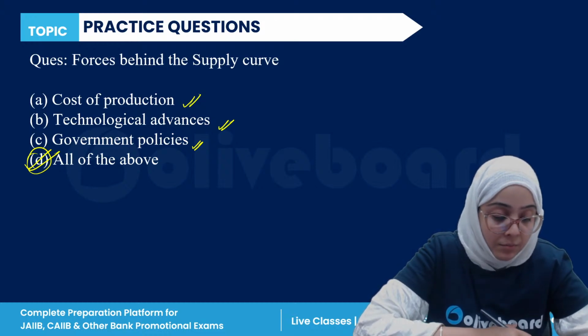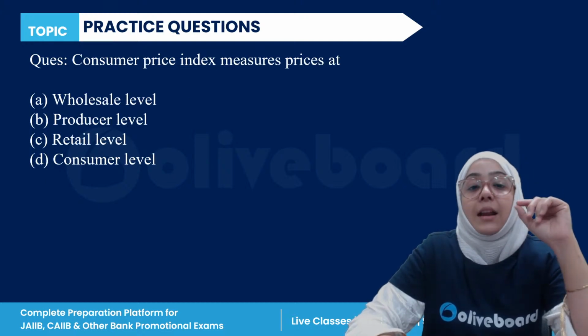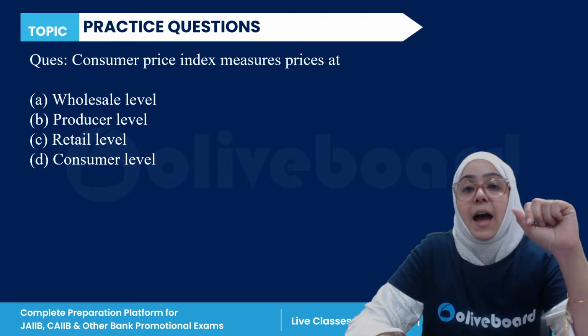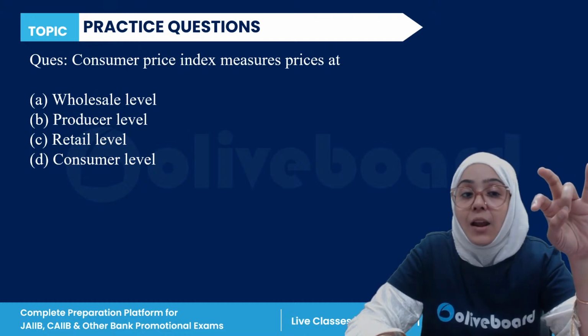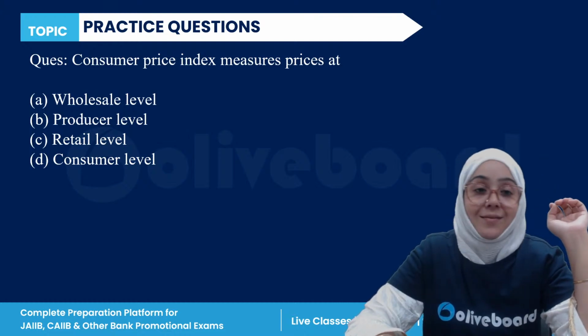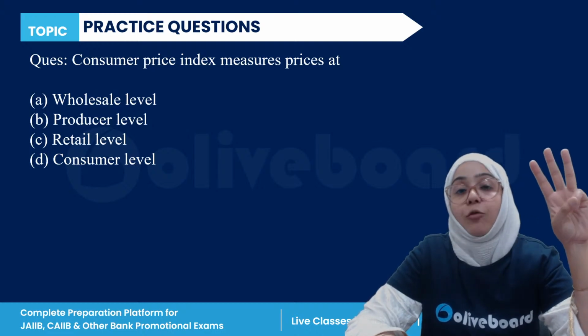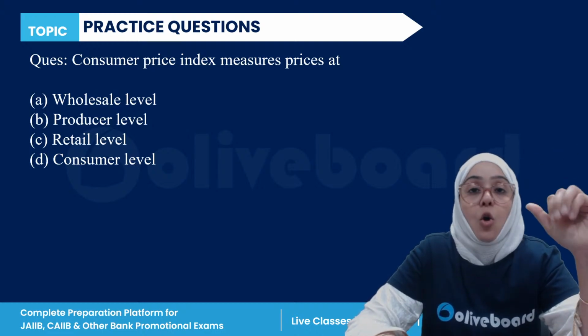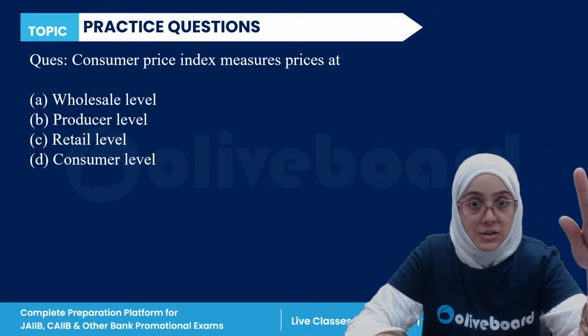Done, everyone. Good. Next, the consumer price index measures prices at wholesale level, producer level, retail level, or consumer level. Very easy. There are three ways of calculating inflation: wholesale price index, consumer price index, and GDP deflator.